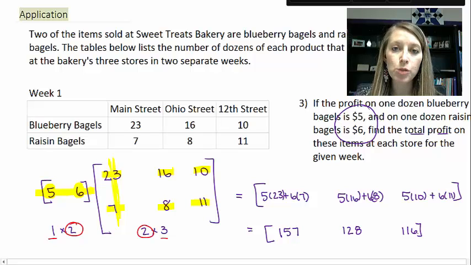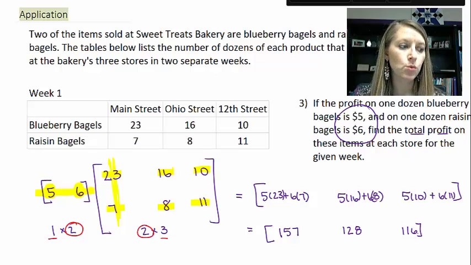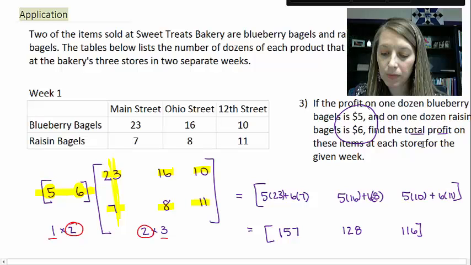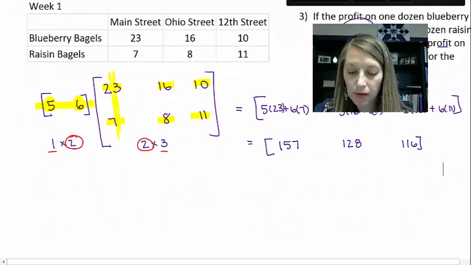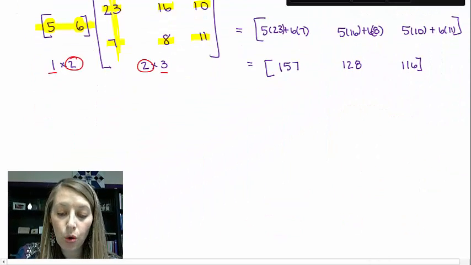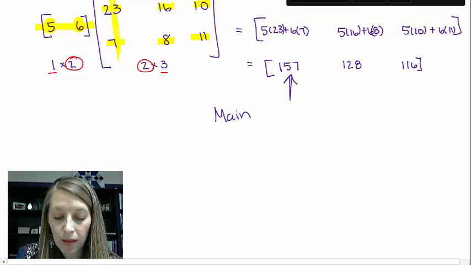Okay, so we did that multiplication, but now the question is what does that mean? What did we actually do here? What did we calculate? So what these numbers mean is that the total profit at my Main Street store is 157.